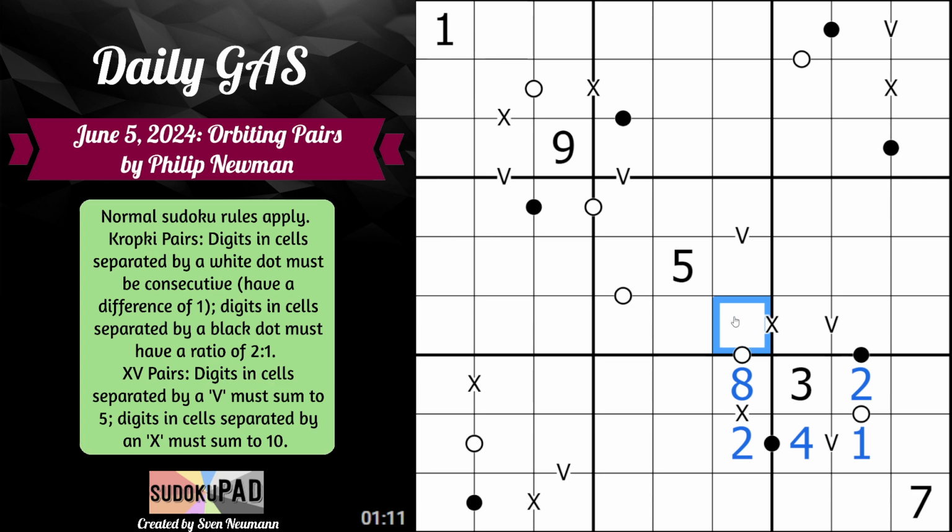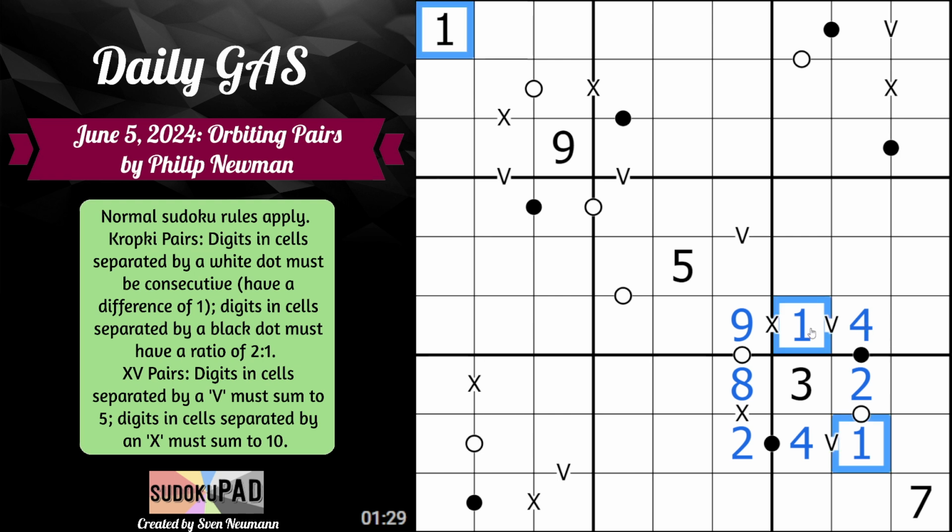I was going to say 7 or 9, but 7 to make 10 doesn't work because of the 3, so it must be 9. This must be 1, this must be 4, and we actually finish our loop. Could have done it the other way. It's funny, I was so focused on the black dot that I forgot to look at it here.